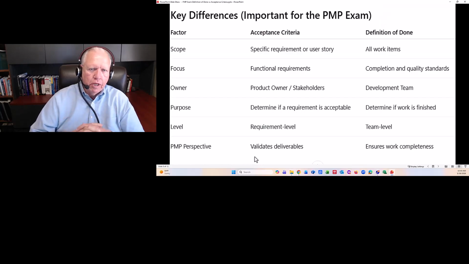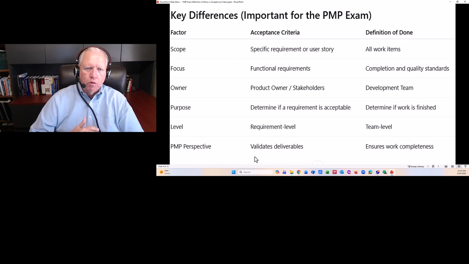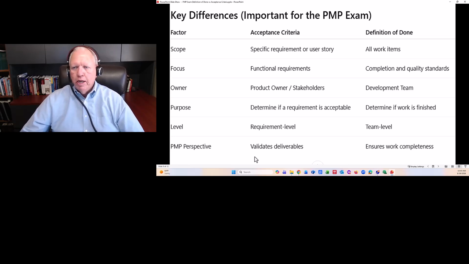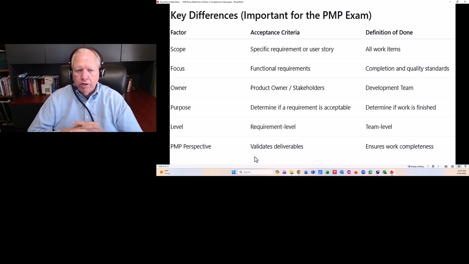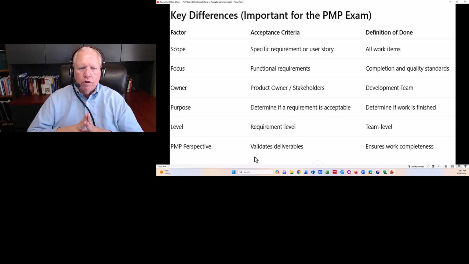So let's look at some key differences that are important for the PMP test. First off, let's look at scope. Acceptance criteria would be a specific requirement or user story, compared to the definition of done, which would be all the work items. If we look at focus, the acceptance criteria will be functional requirements. The definition of done would focus on completion and quality standards. Under owner, for acceptance criteria, you would have the product owner and stakeholders. Under the definition of done, you'd have the development team.